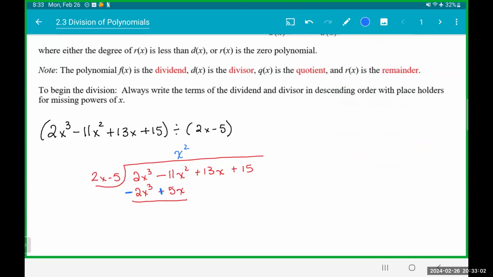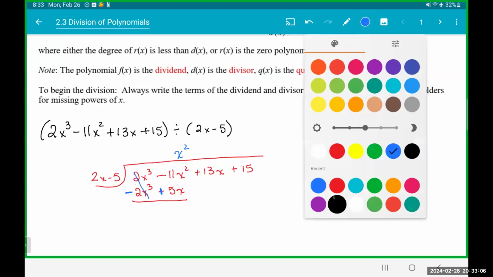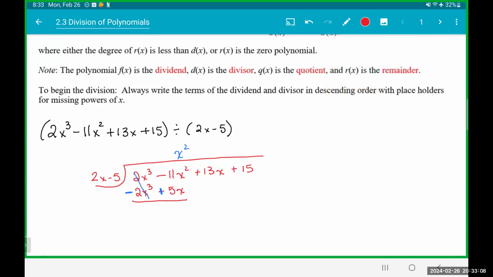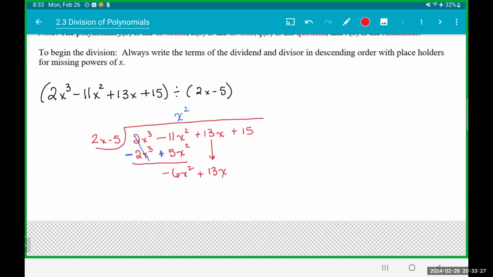So I just change all the signs, and these will go away, right? And I have negative 11 plus 5 gives me a negative 6. And that's an x squared because you have x squared times 5 is 5x squared. Okay, and so that gives me an x squared. Now I need to just bring the next number down, which is 13x.